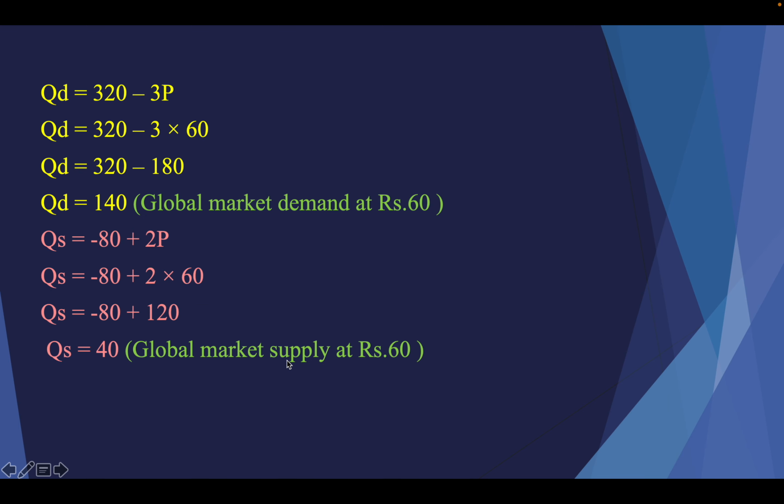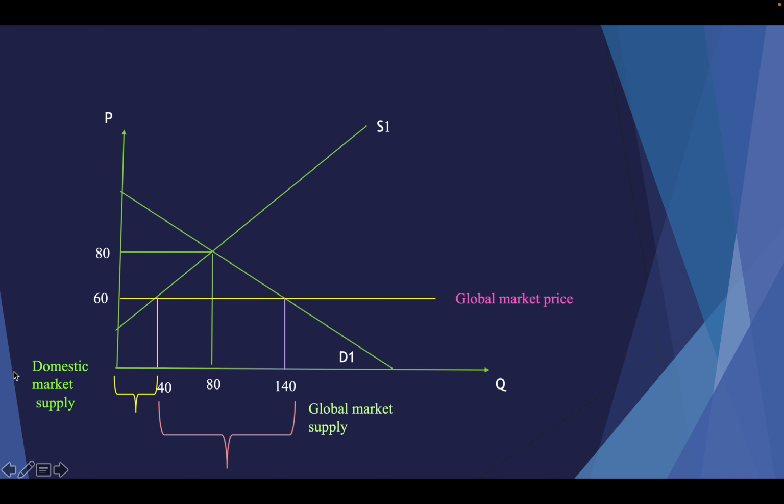Children, you have the equations. In the QD equation, you can add this price 60 rupees, because we have to find the intersection point of the demand. This quantity we have to find.